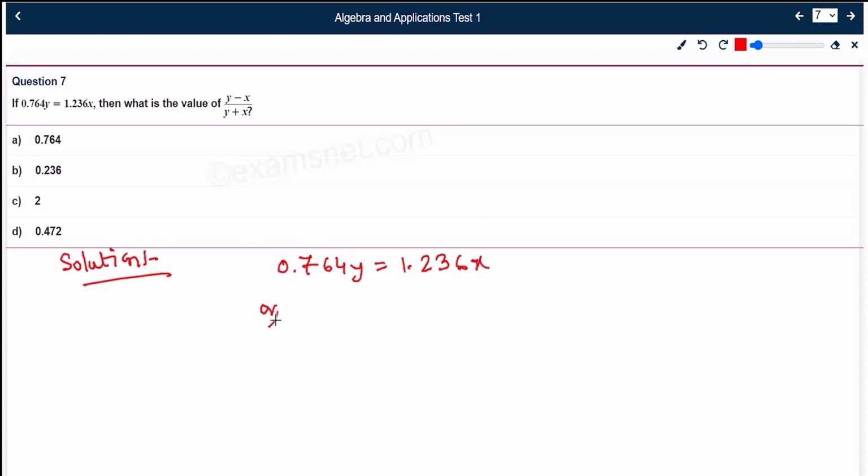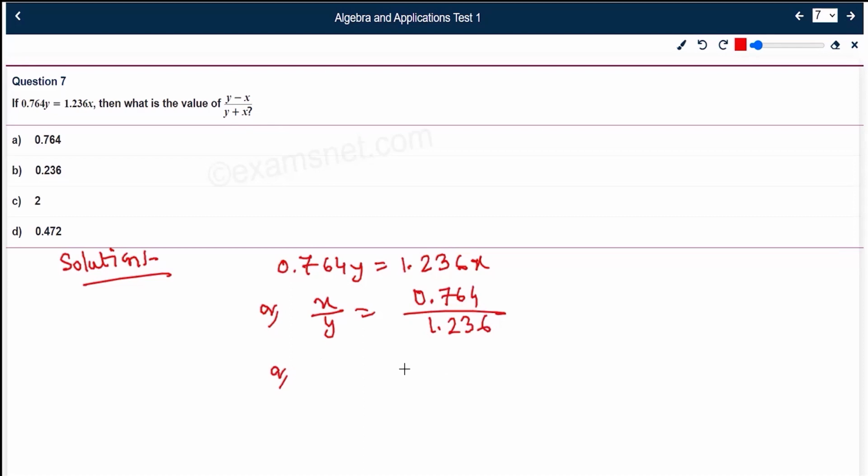Okay. So here we can write x by y as 0.764 by 1.236. Correct. Now look, here we are given y minus x by y plus x.